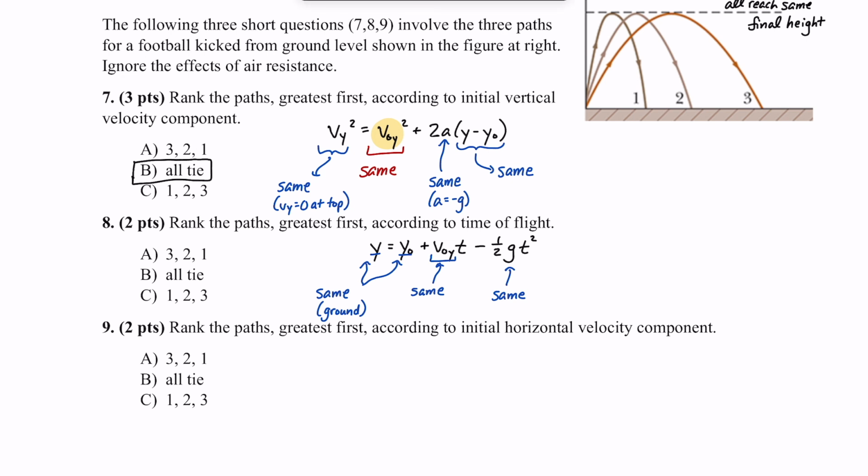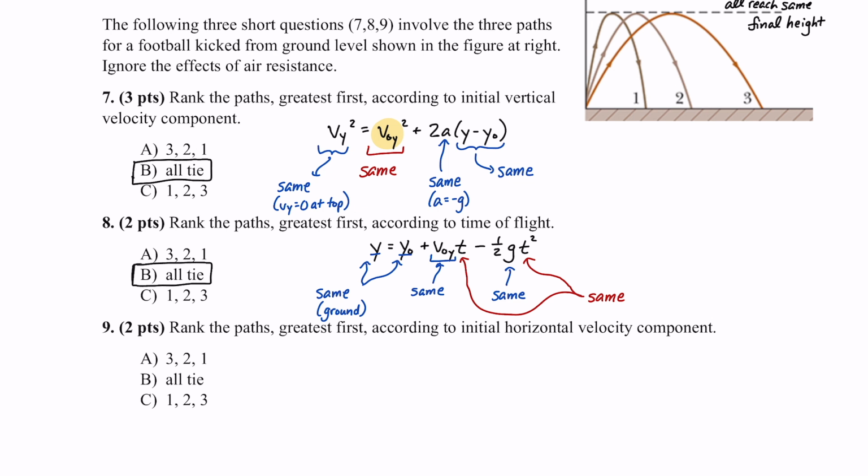Again, we have everything here being the same across all three paths, which means that the time the object is in the air must be the same for all paths again. So they tie.